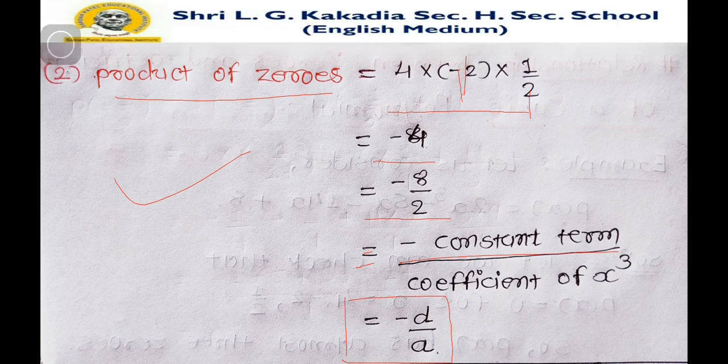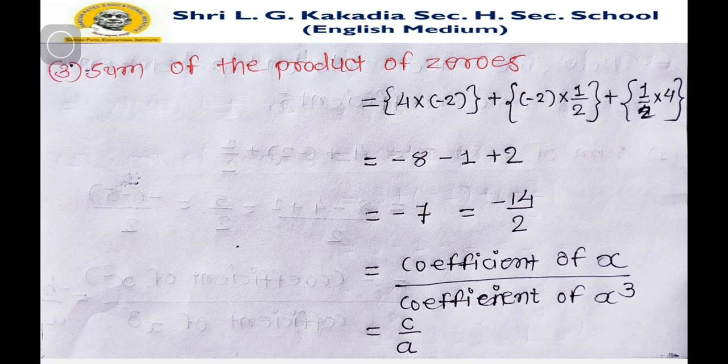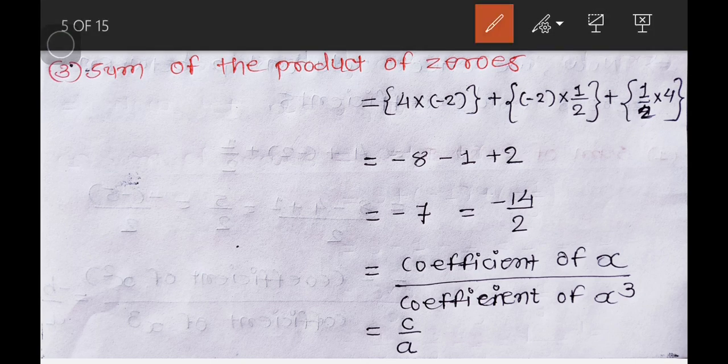Now the third relationship between zeros and coefficients of a cubic polynomial is the sum of the product of zeros taken two at a time. First we find the products of pairs of zeros and then we sum them. We multiply the first two zeros, 4 into minus 2, then the second and third, minus 2 and half, and the third and first, half multiplied by 4.